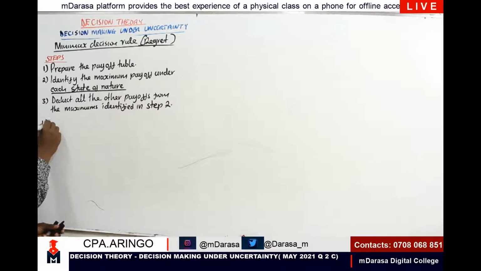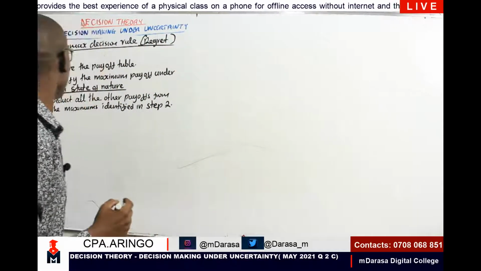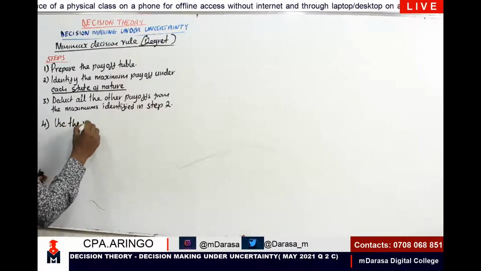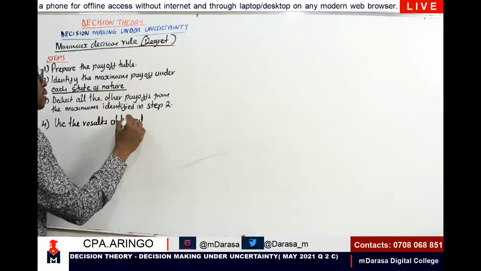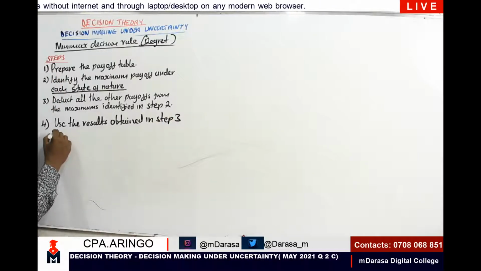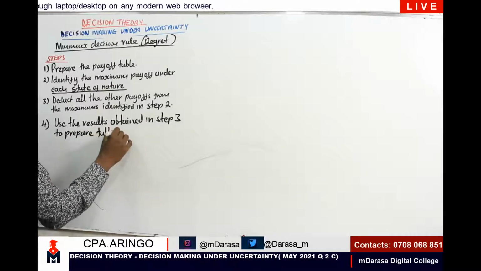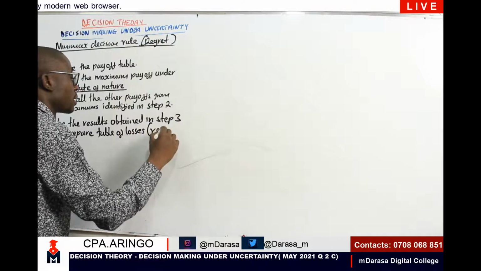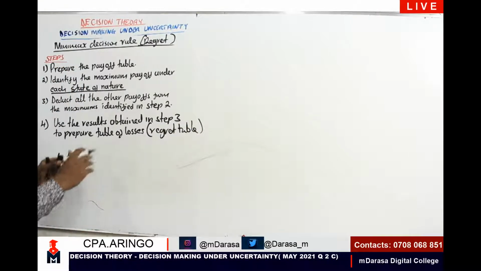That should take us to step number 4, my good students. Step number 4 is to use the results obtained in step 3 to prepare a table of losses, commonly known as the regret table.